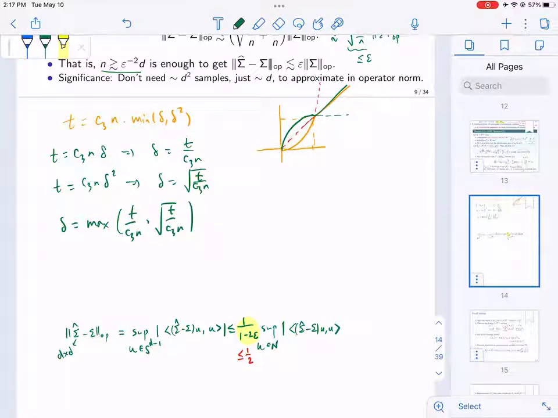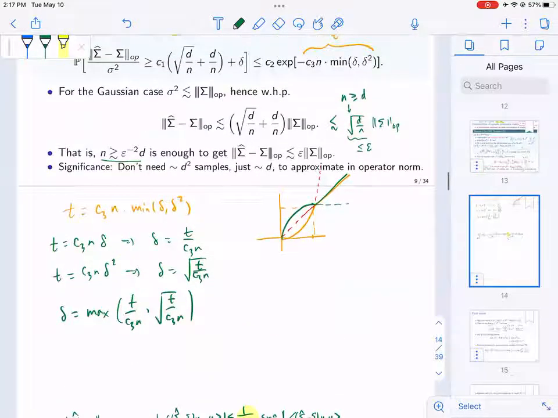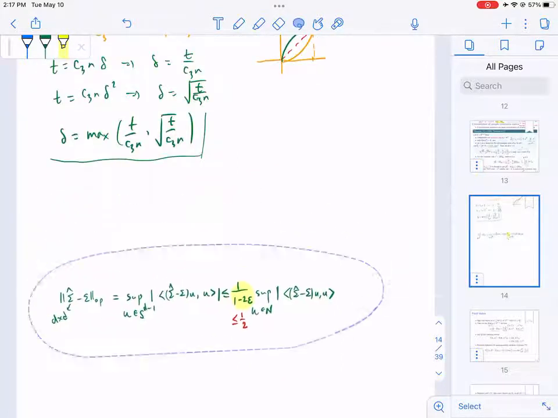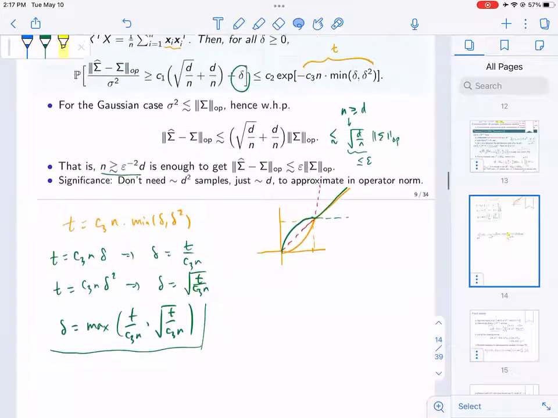Okay. And so if I do this, I can basically replace this delta with this expression, and my bound would look like this. What would it look like?